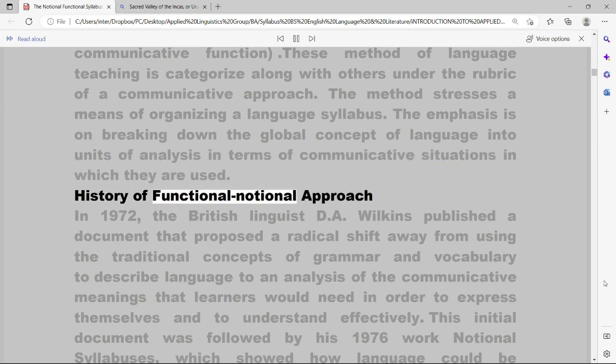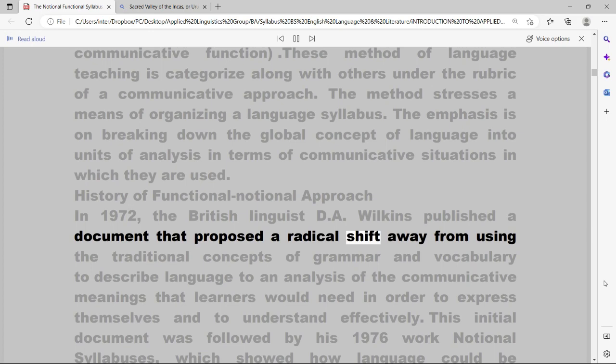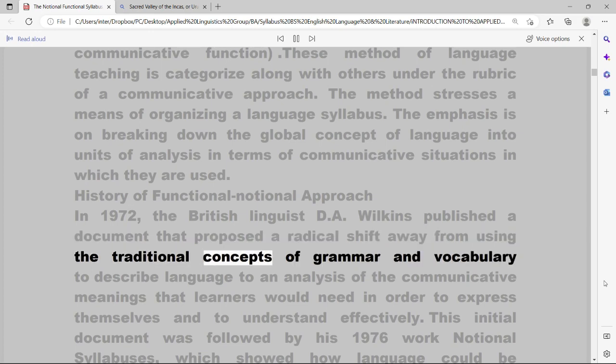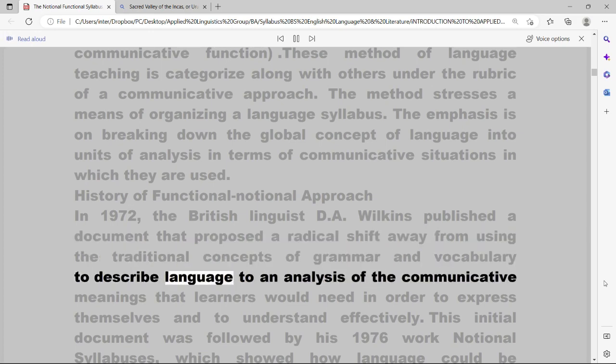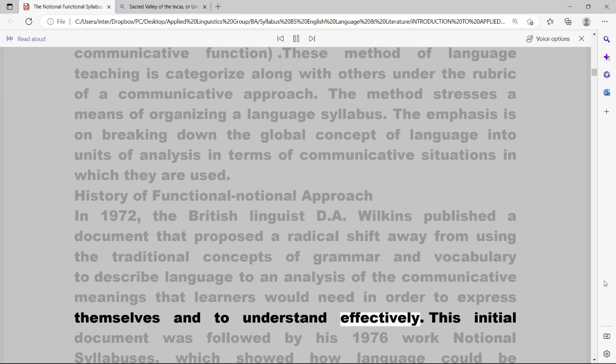History of Functional Notional Approach. In 1972, the British linguist D. A. Wilkins published a document that proposed a radical shift away from using the traditional concepts of grammar and vocabulary to describe language to an analysis of the communicative meanings that learners would need in order to express themselves and to understand effectively.